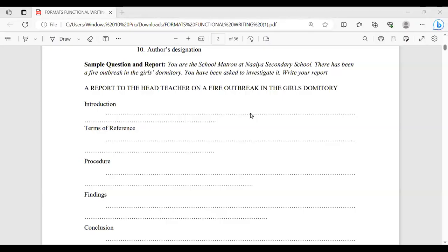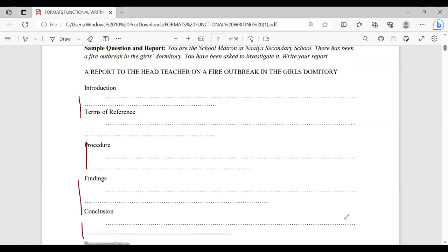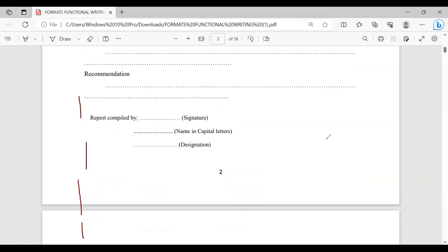Then we have what we call an incidental report. So before we go to that incidental report, I want you to look at this format. Our format should have the introduction, the procedure, the findings, a conclusion, and then recommendations, and then you sign off.